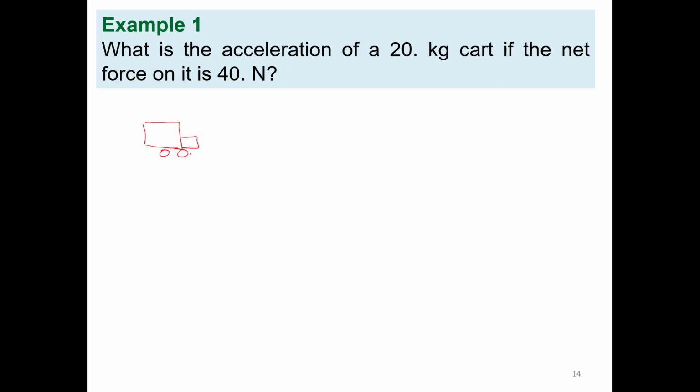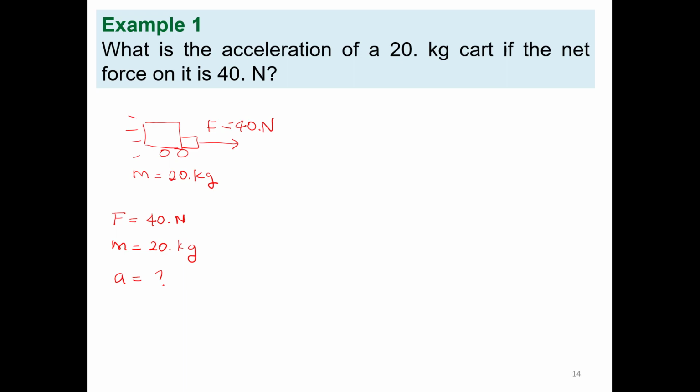This cart is moving with some force equal to 40 newtons, and the mass of the cart is 20 kilograms. And we want to know what is the acceleration. Let's write the information we have: 40 newtons, mass is 20 kilograms. We want to know the acceleration.